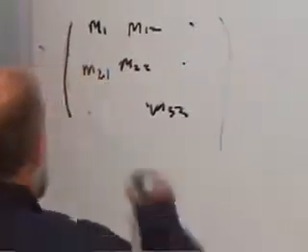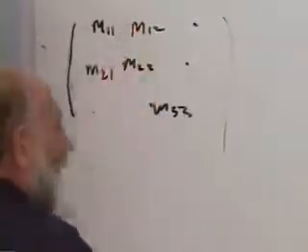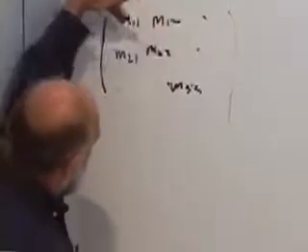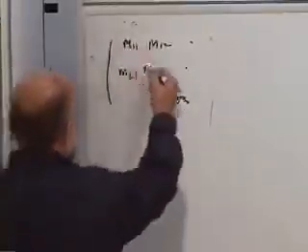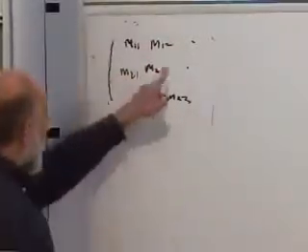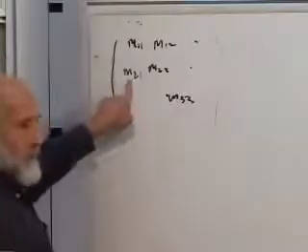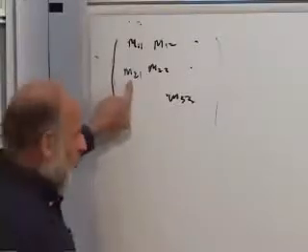The transpose of a matrix is just, you act on the matrix to interchange rows and columns. All it means is you reflect it about the diagonal. You just imagine it's written on a piece of paper, and you turn over the piece of paper so that M12 replaces M21, and so forth.